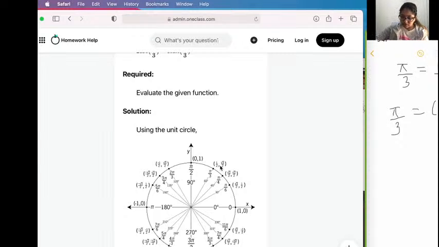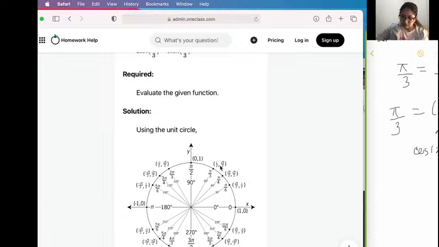When we look at these coordinates, this is our cos x, and this is sine. So these are the points for cos and sine.